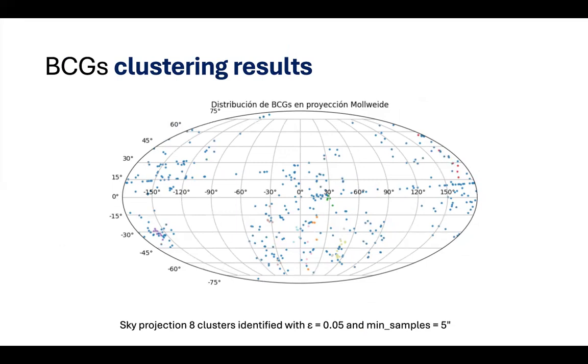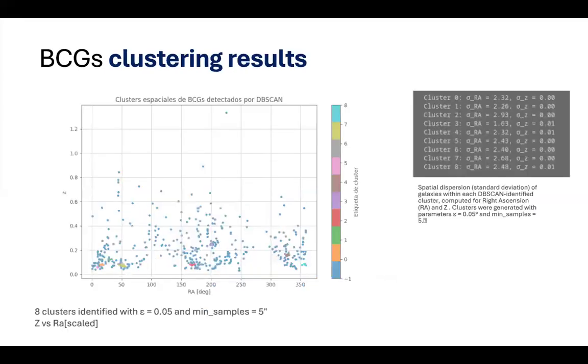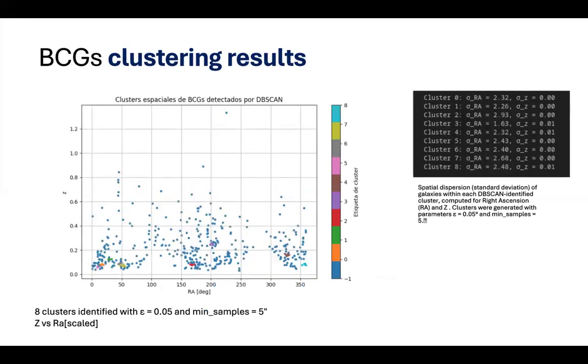This is the sky projection of a clustering defined with epsilon equal to 0.05 and minimum samples 5. And these are the BCG clustering results in the case of the redshift versus right ascension plot. We can also see some regions in magenta here.